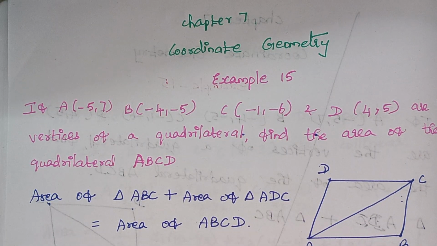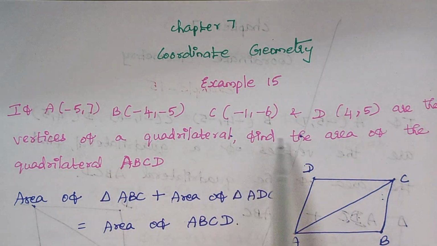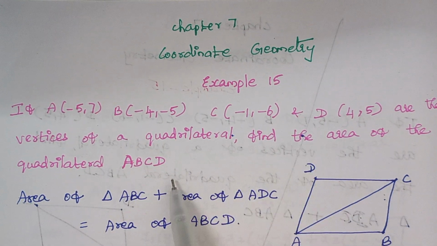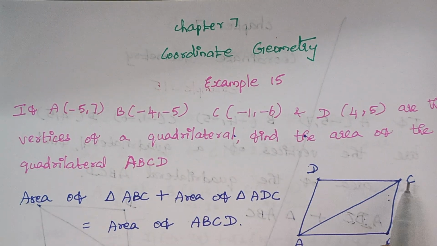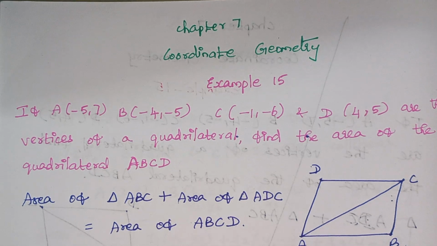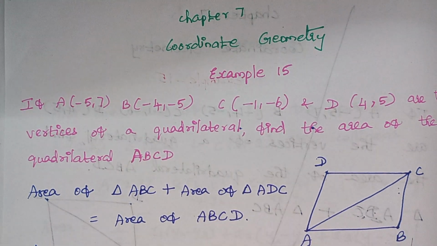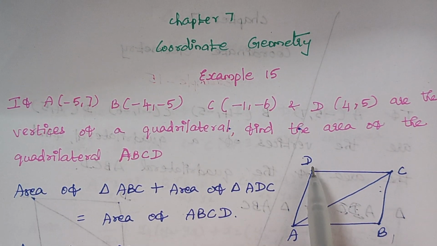So it is example 15. If A, B, C, D are the vertices of a quadrilateral, find the area of the quadrilateral. Okay, fine. So here a quadrilateral is given and we have to calculate the area of the quadrilateral. So simply you see ABCD is a quadrilateral.